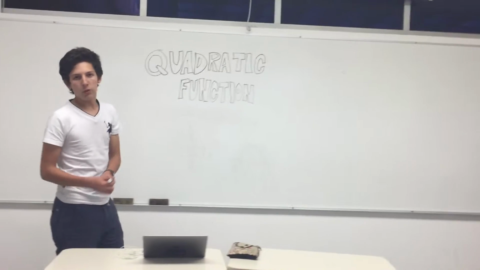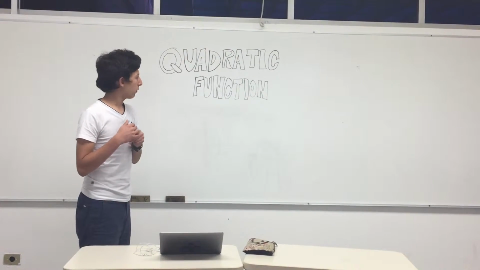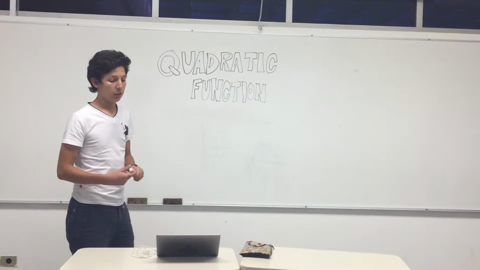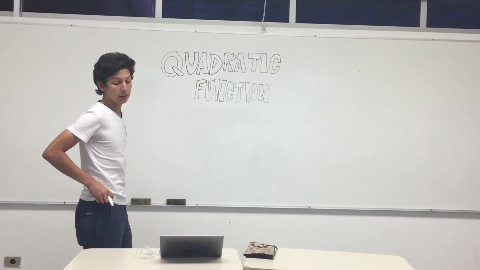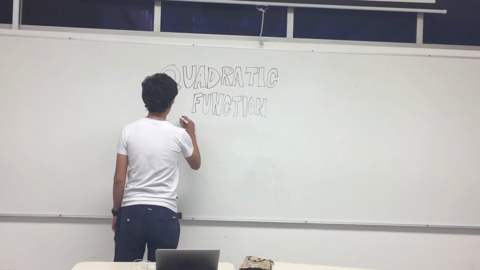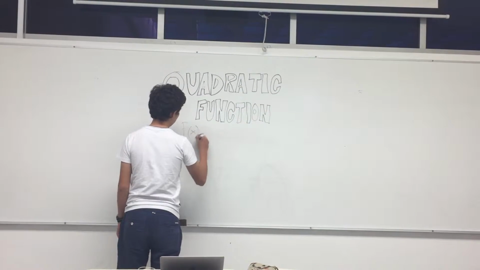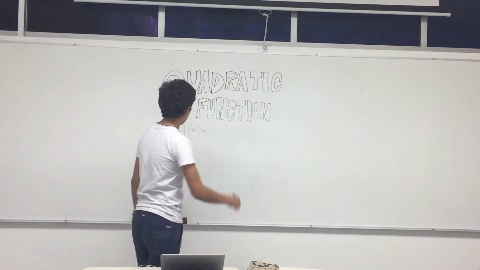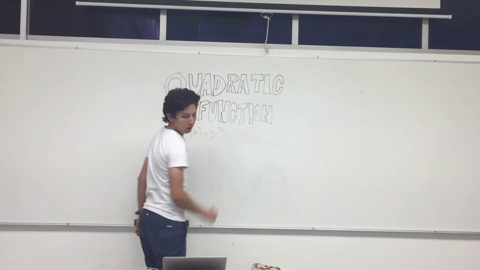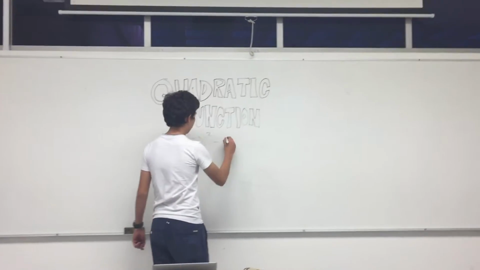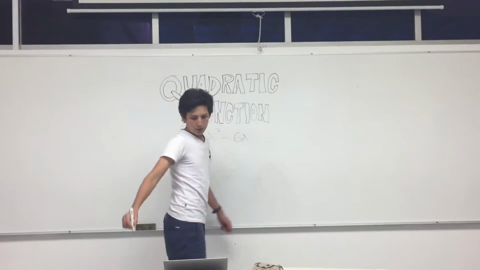Now I will give you an example of a quadratic function and how it works algebraically. So here's the example. The function f(x) is equal to x squared minus 6x plus 7.